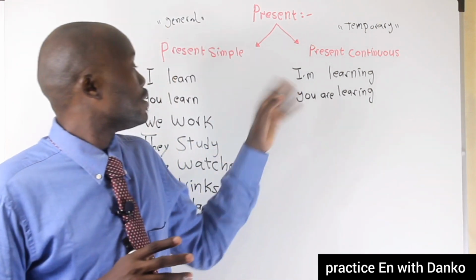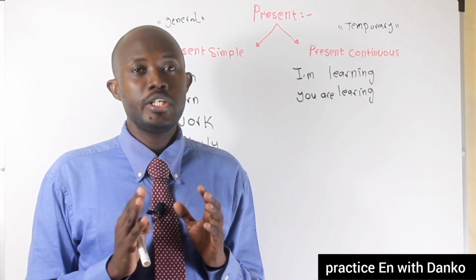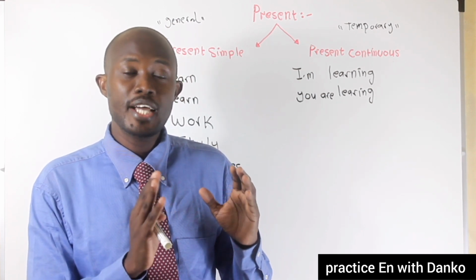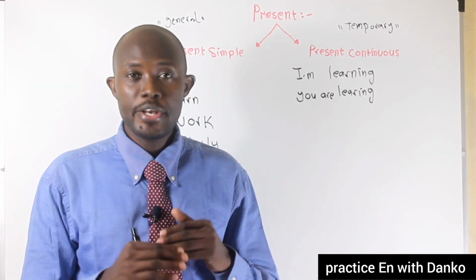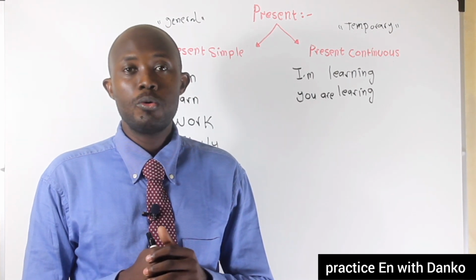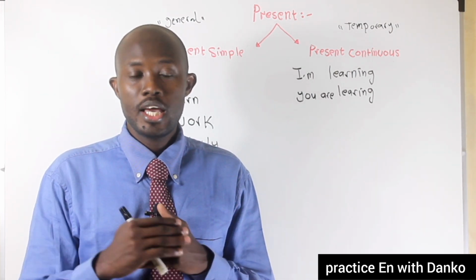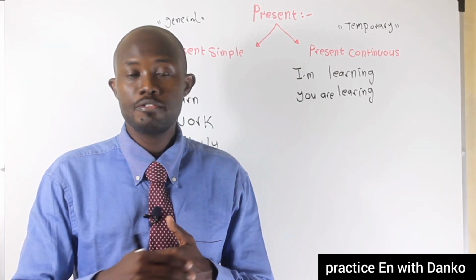The second part, present continuous. Present continuous means something happening for a short time, or still happening for a short period of time, or temporary. Something could be happening for a short period of time.